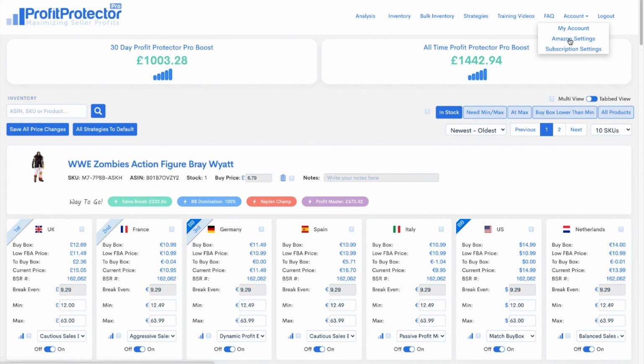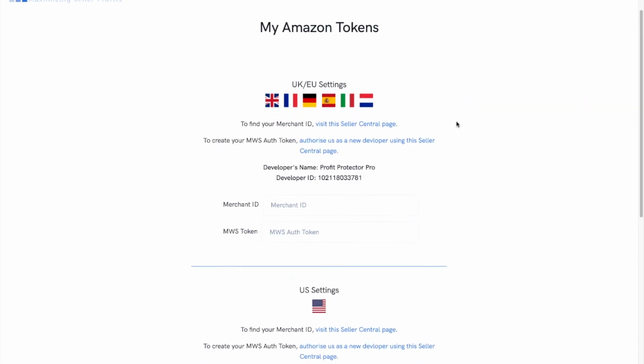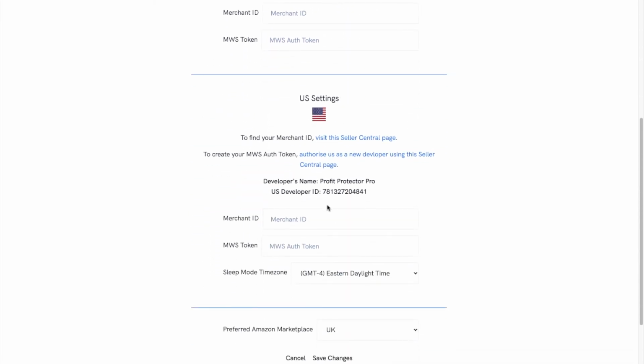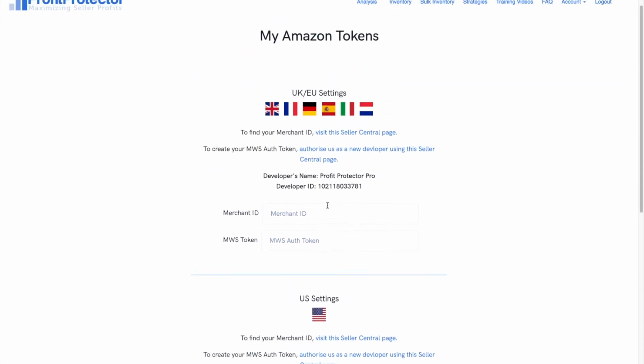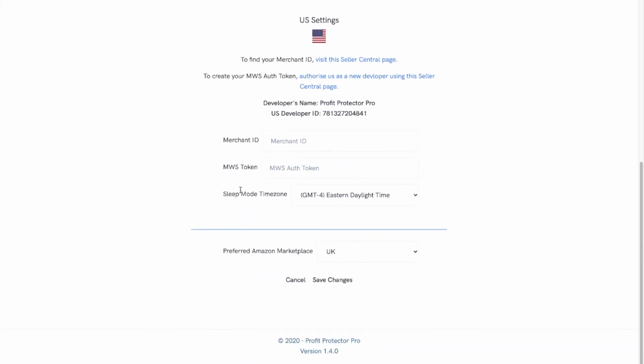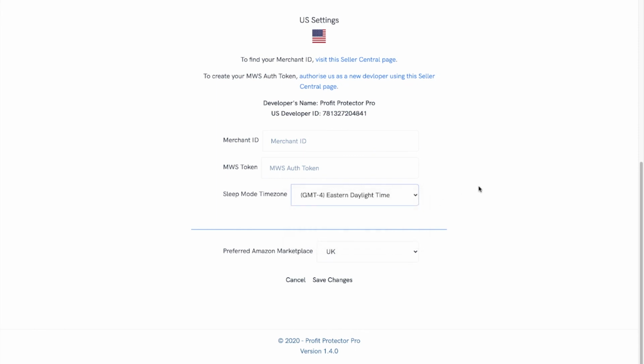You can go into your Amazon settings here, and this is where you can set up your Profit Protector Pro account, either in the UK and EU or in the US, depending on what you want to do. Now, what we talked about just now, the sleep mode is set to UK time. So if you're in the US, you'll need to choose your time zone here, and you can choose whatever time zone suits you.